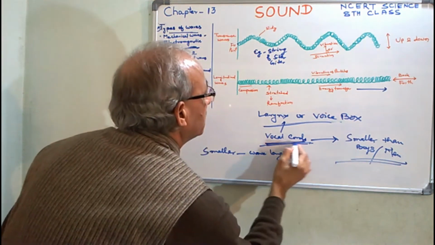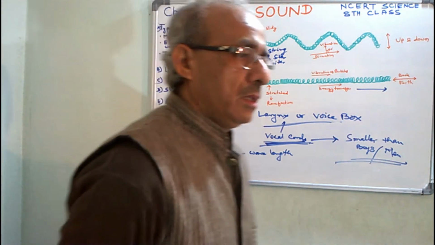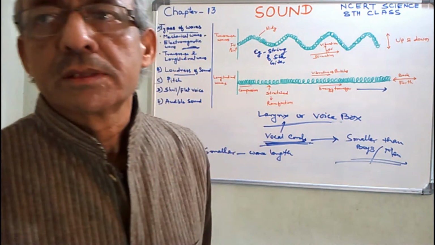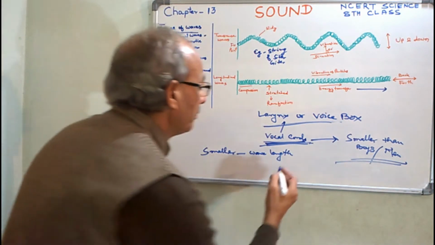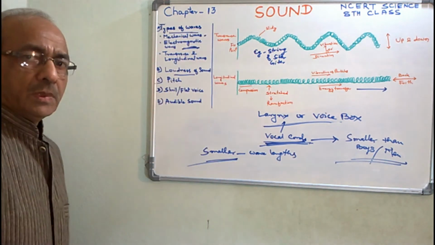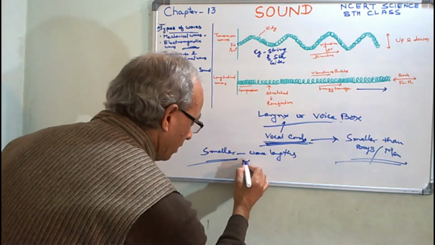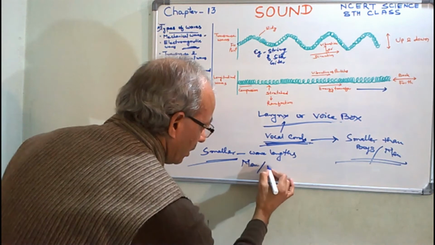Sound produced by the vocal cords of the girls, women and children are having wavelengths smaller than men or boys.